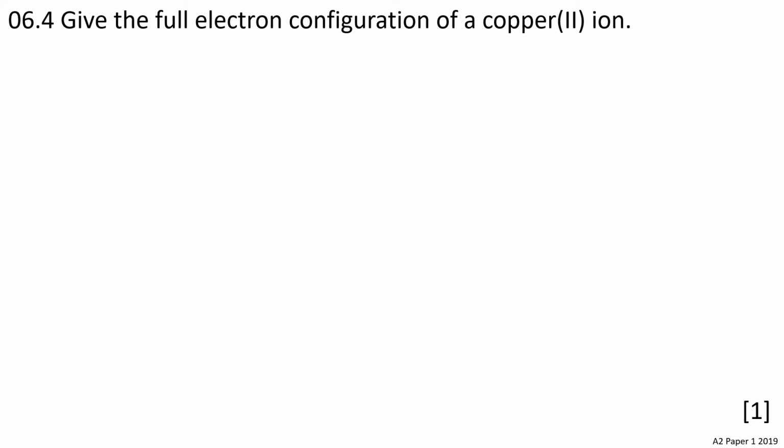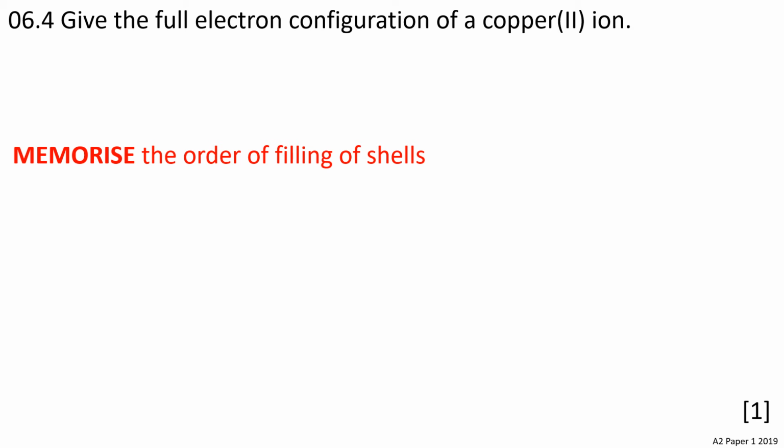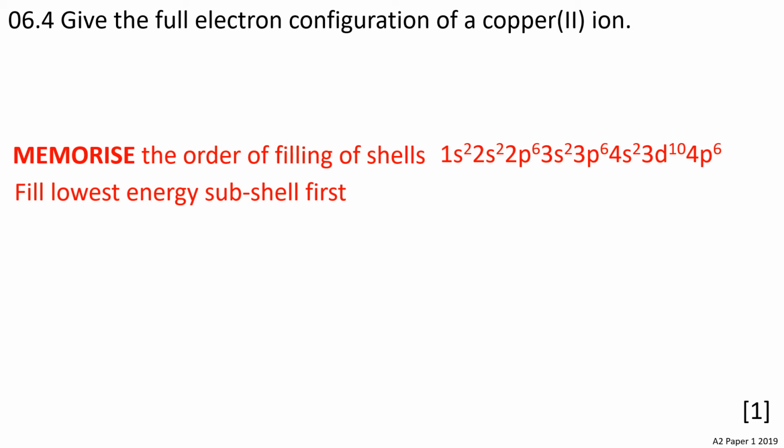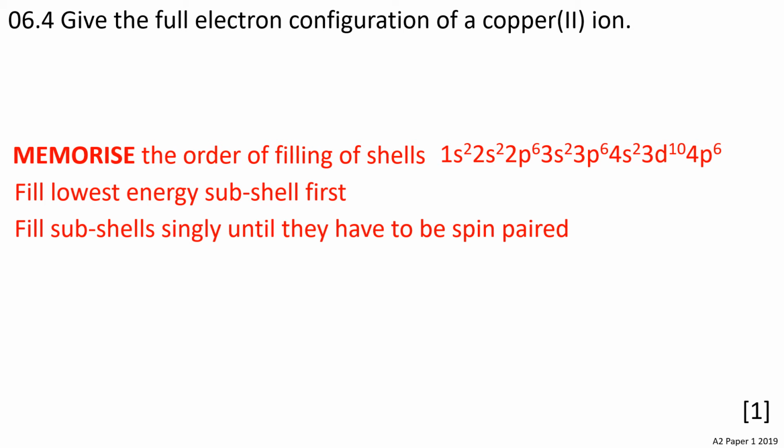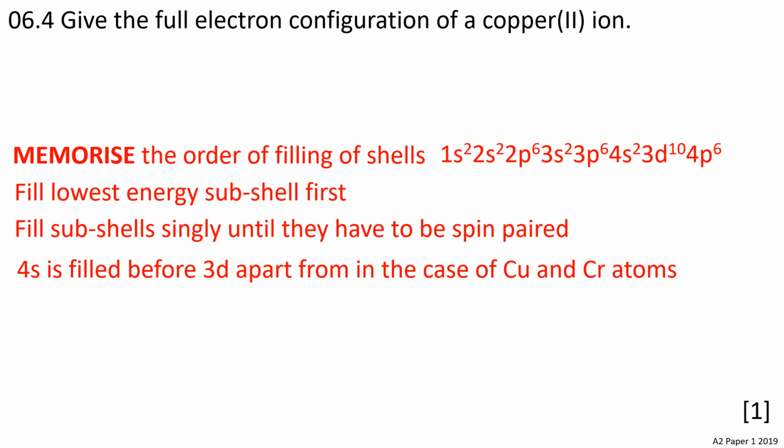The next part of the question requires us to give the electron configuration of a copper 2+ ion. You first have to know the order of filling of shells, and there it is. You fill the lowest energy subshell first, then you fill subshells singly until they have to be spin paired. 4s is filled before 3d, apart from in the case of copper and chromium atoms.